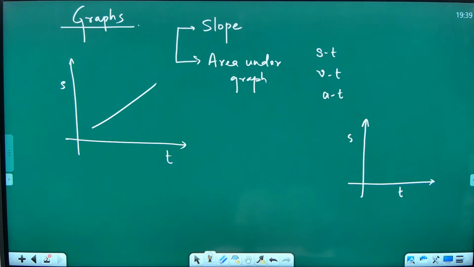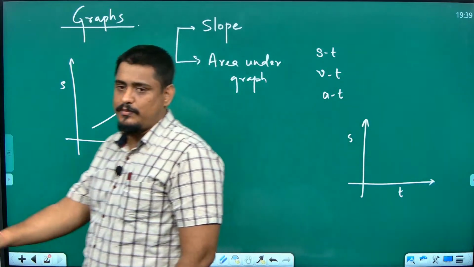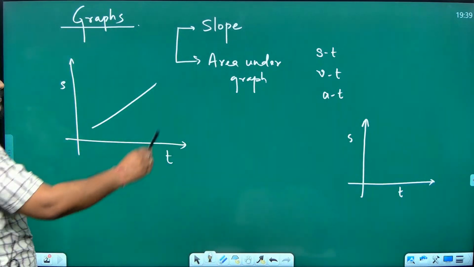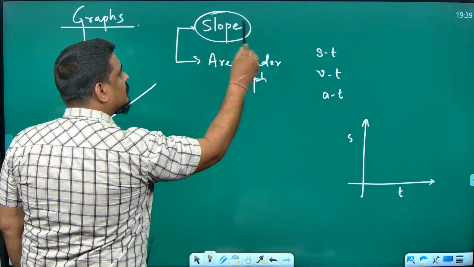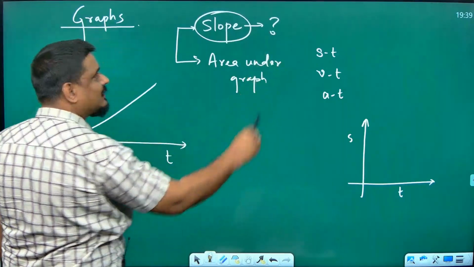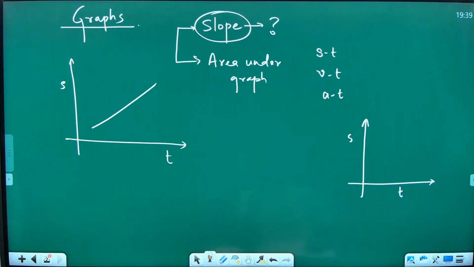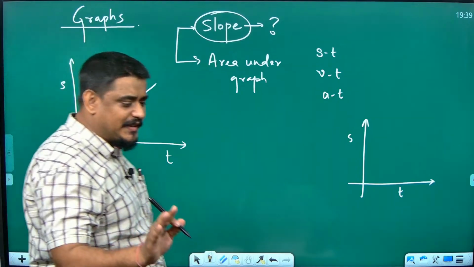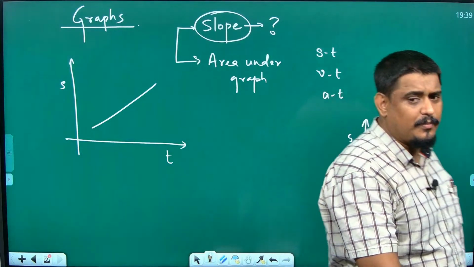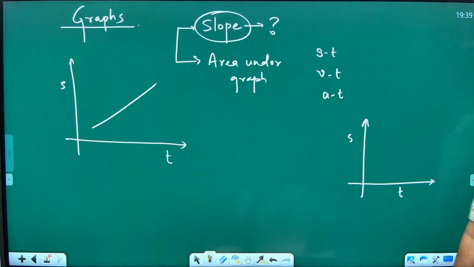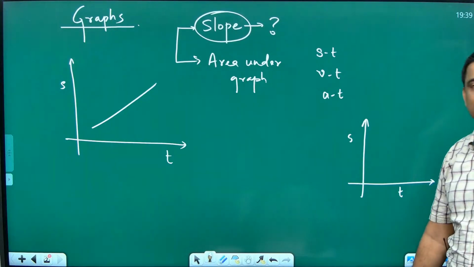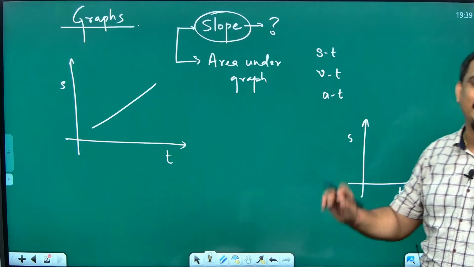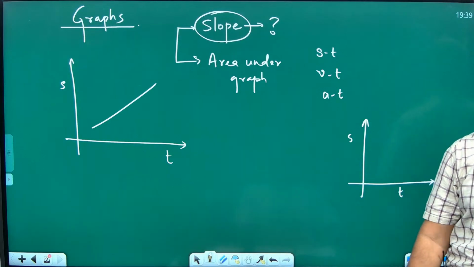Okay? Now, slope. What is the meaning of the word slope? Acceleration. Slope means acceleration. If a graph is there, how do you find its slope? You are telling it upside down: y2 minus y1 by x2 minus x1.